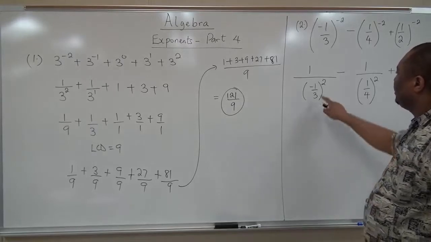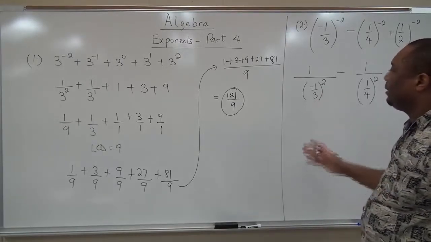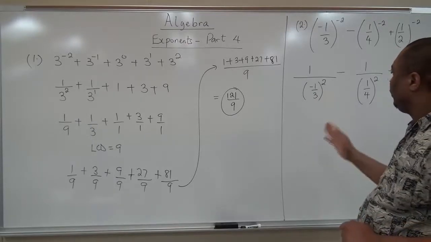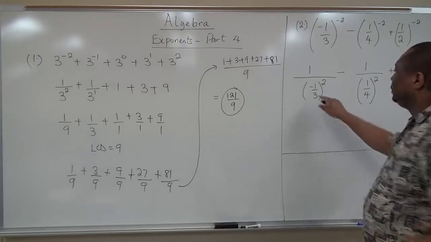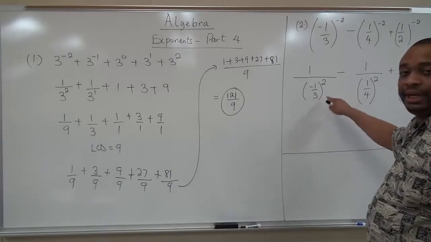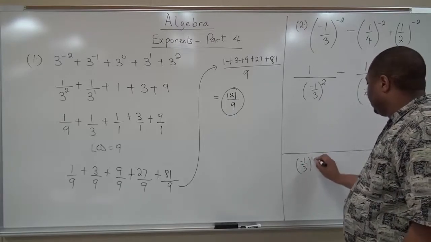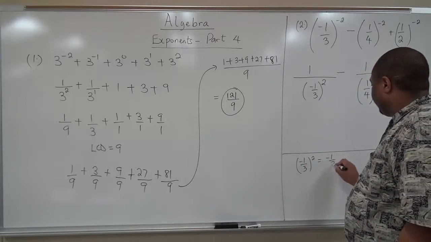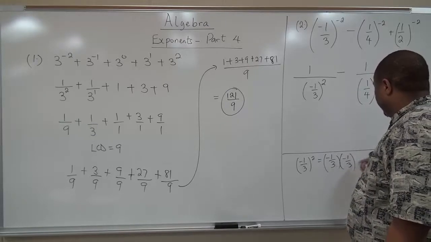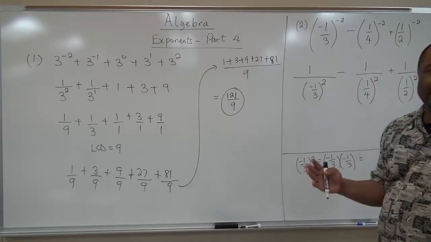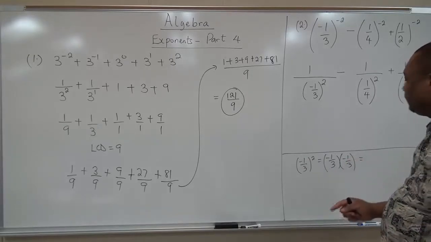Now let's go ahead and do some rough work so that we can do these denominators here. Negative 1 over 3 all squared gives us negative 1 over 3 times negative 1 over 3. You do the signs first. Negative times negative is positive.